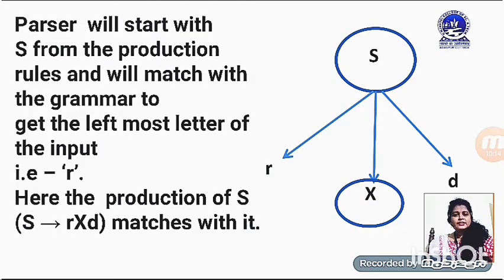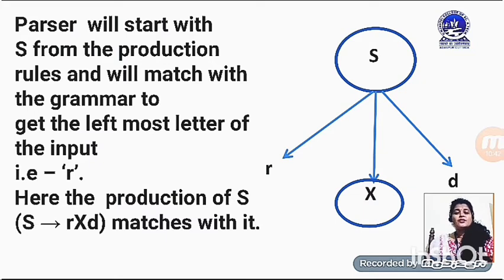At the first step, what will the parser do? The parser will start by using the first production rule, that is S implies RXT, and by applying RXT, the tree looks like this. Here we have got the first leftmost input letter, that is R, which is a matched letter.